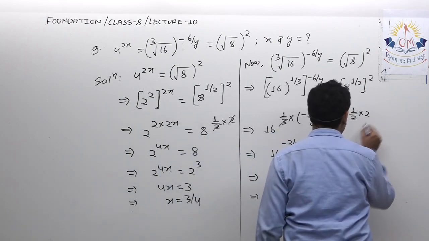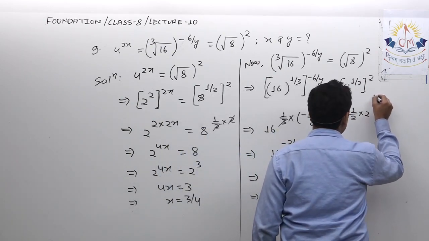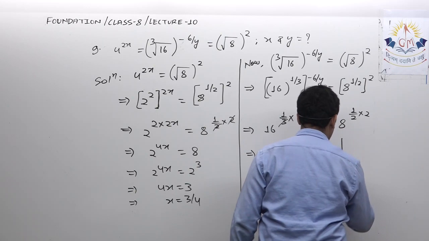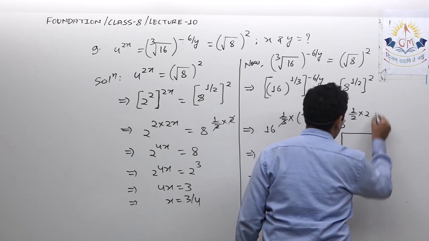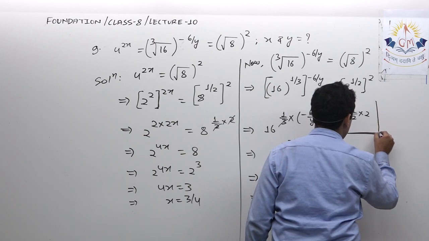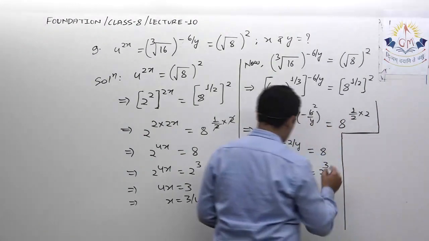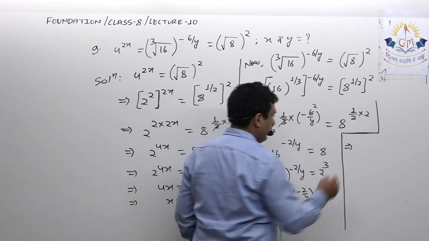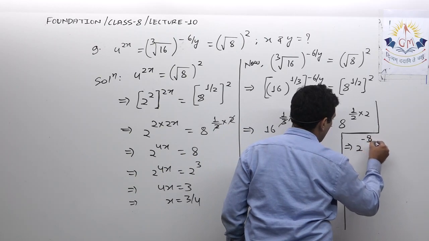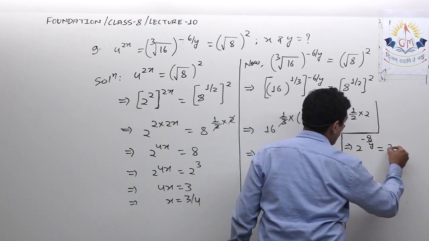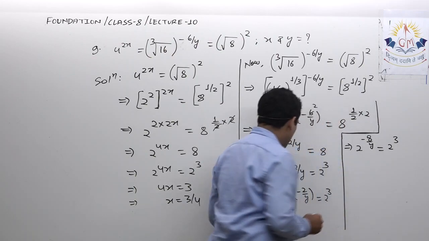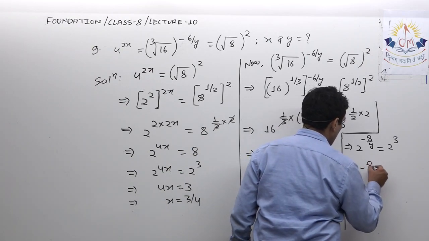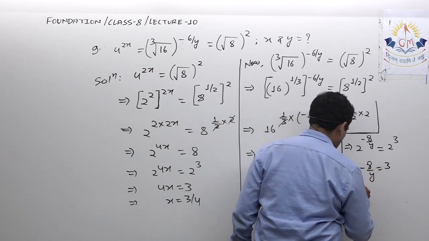Okay, so on simplifying further, this will become 2 raised to minus 8 upon y is equal to 2 raised to 3. Okay, now we can say the bases are same, so powers must be equal. So minus 8 upon y is equal to 3.